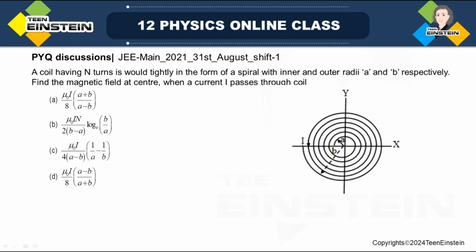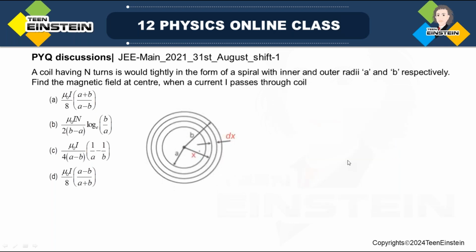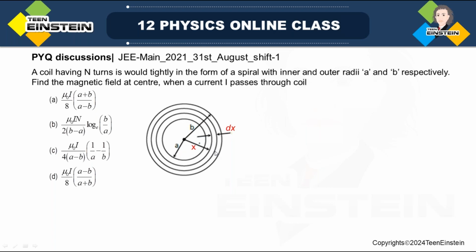So for the sake of solving this, we'll just take this as very closely spaced concentric circles, kind of this. For simplicity, we'll just consider this spiral like this.